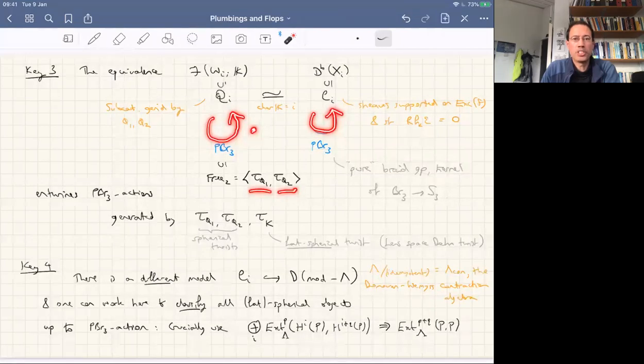And I told you that the surgery of these 3-spheres was a lens space. And it turns out that the Dehn twist, which is a certain symplectomorphism of T*S^3, commutes with the finite group action on S^3 that defines a lens space. So there's also something called a lens space Dehn twist. And these three maps together generate an action of the pure braid group.